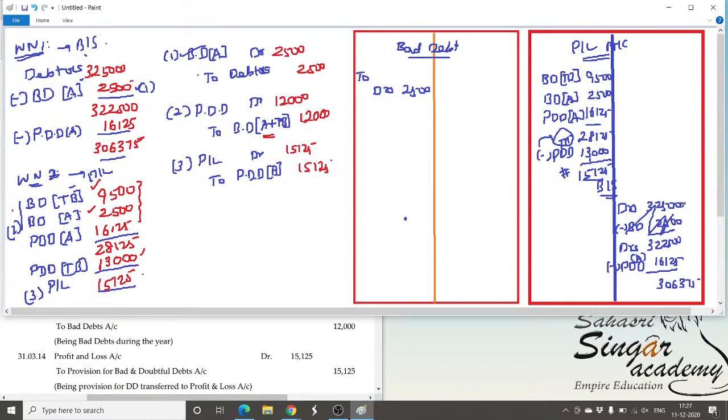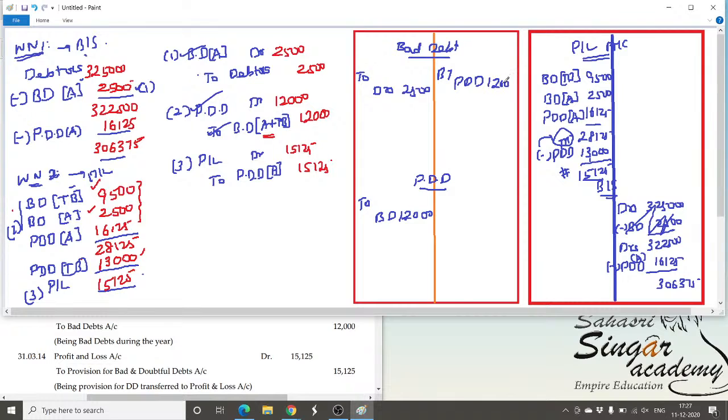Right. Now I'm posting all these things to the concerned ledger here. So how this will appear in the P&L account and balance sheet is explained here. So I'm going to open the PDD account. In the PDD account, to bad debt, the bad debt being 12,000 rupees, right? And bad debt is already here, so by PDD account, value being 12,000 rupees.